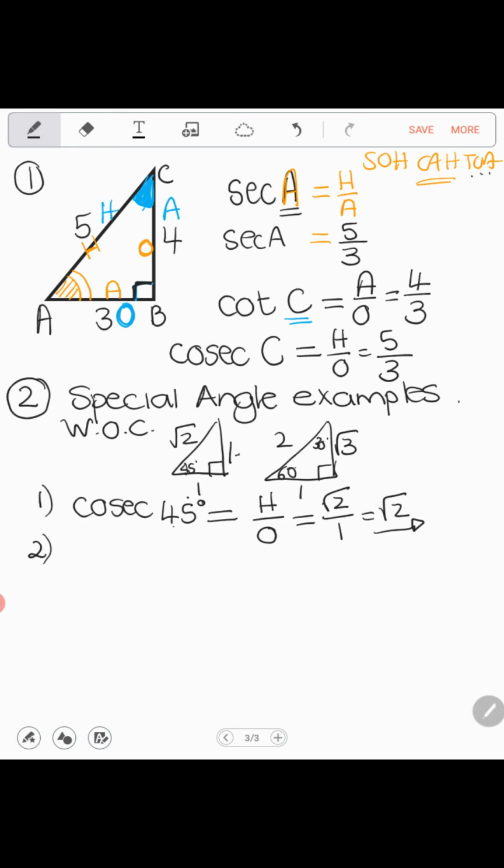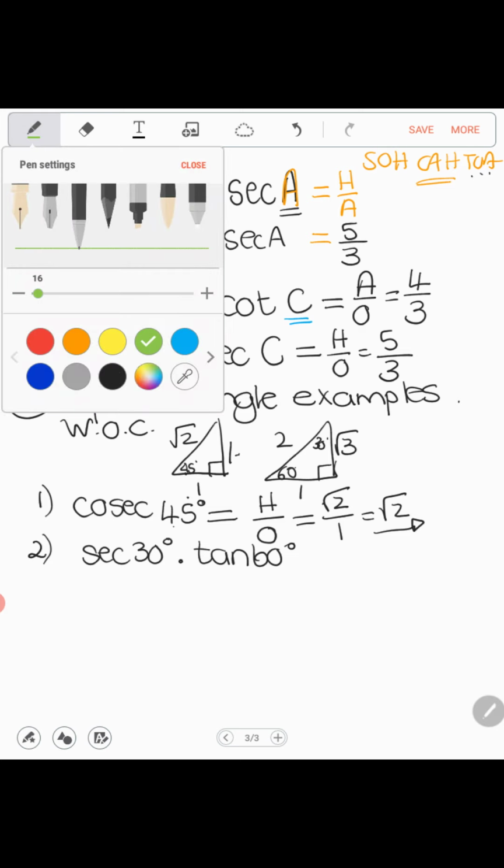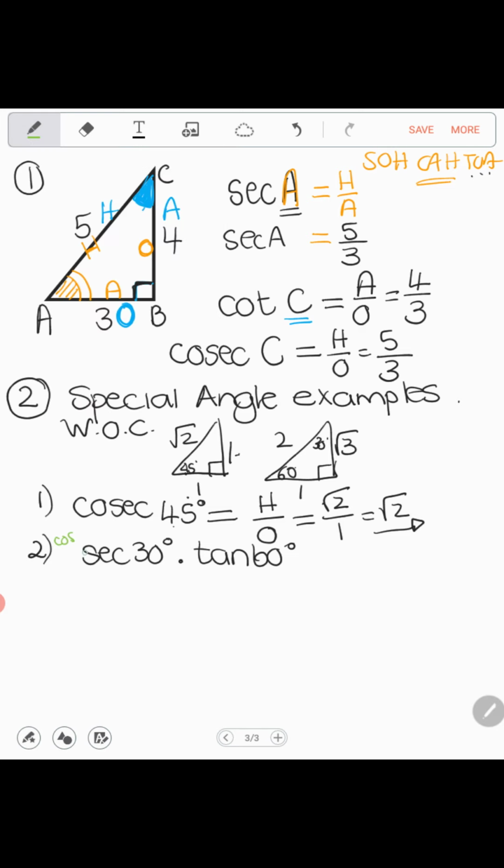All right, sec 30 times tan 60. Okay, so remember we're going to use different angles here. This is the sec of 30. So what do we remember? Sec goes with cos. Cos is adjacent over hypotenuse. So sec is going to be hypotenuse over adjacent. And it's going to be for 30.